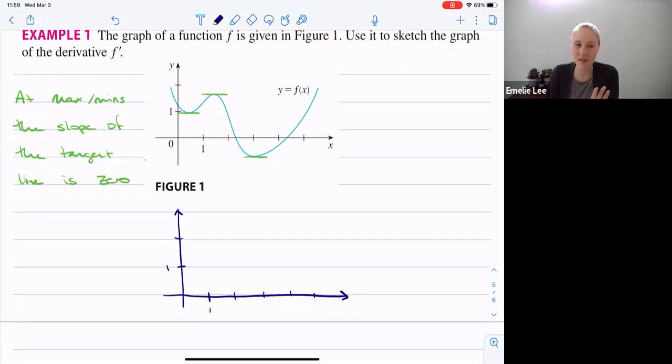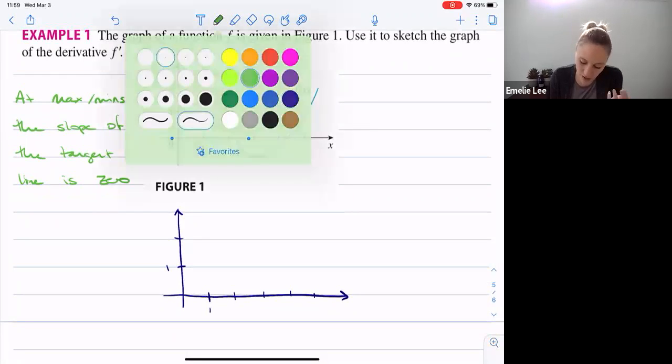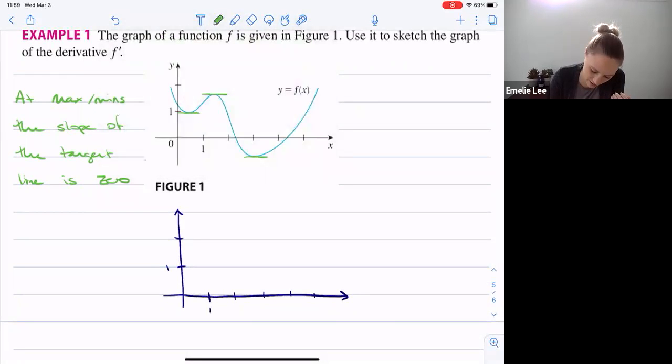That's the first thing you're going to pay attention to: when is this thing equal to 0. So here I'll put y equals f prime of x, since we're sketching the derivative. But x stays the same, because now we're treating the derivative as its own function of x.